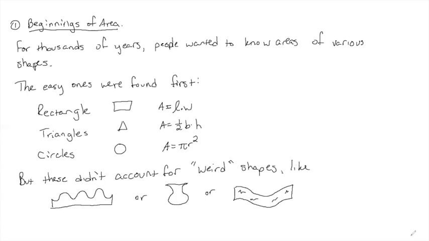Okay, so what did they do? How did they get around this? If they needed to find out information, how did they figure out what these areas were, right? In a lot of cases, this was important. This was a matter of survival. And the best thing I could come up with was they just estimate, right?